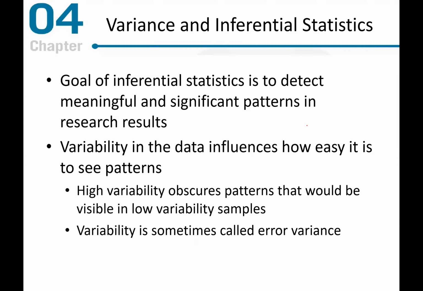If the scores are all wildly far away from each other, that is also high variability, all right? Variability is sometimes called the error variance, but we're not going to use that much in this particular class.